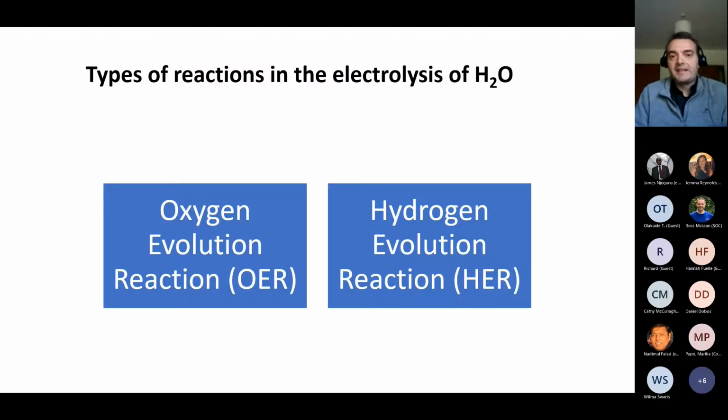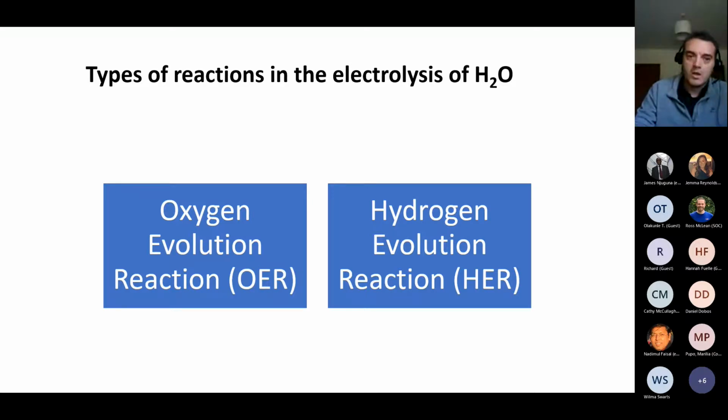So as I said, when the water splits, there are two types of reactions. One is called the oxygen evolution reaction, OER, and the other one is called the hydrogen evolution reaction, HER. From now on, we will just mention HER.